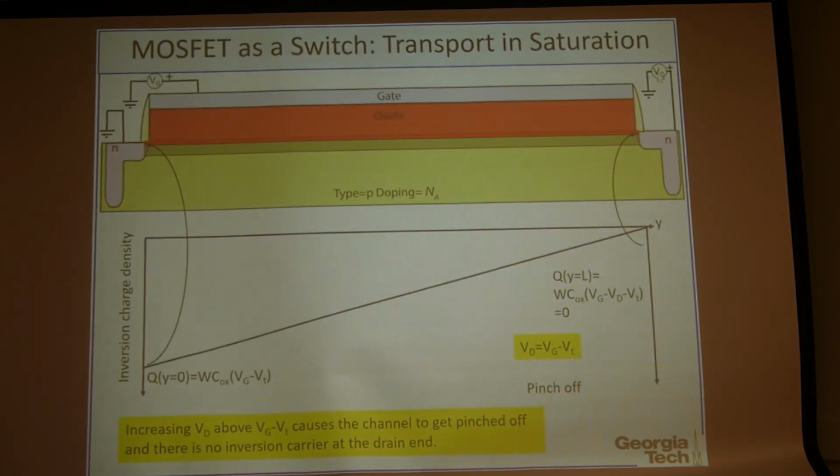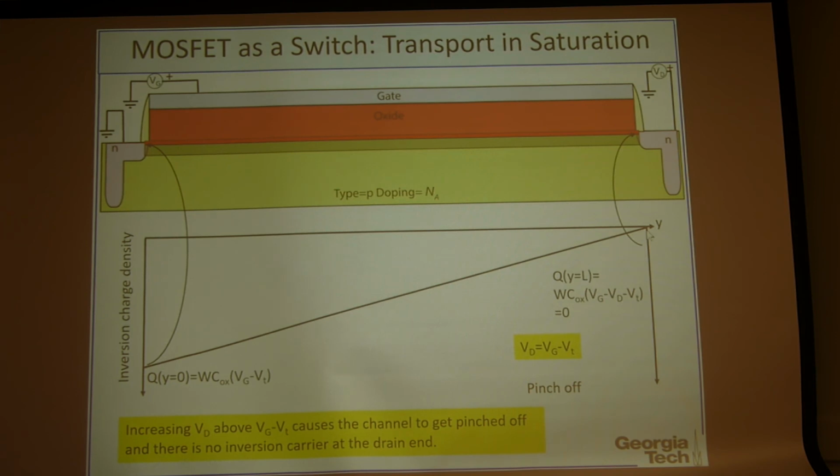But if we keep increasing the drain voltage, the transistor will enter the so-called saturation region. So this is what will happen. So you remember this charge density plot we have earlier? And then as we increase the drain voltage, we said that the charge density to the drain will decrease.